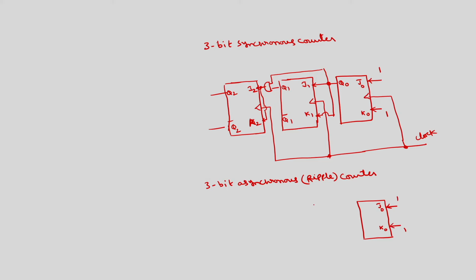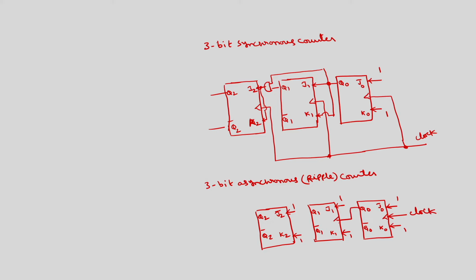J0 K0 is 1, J1 K1 is also 1, J2 K2 is also 1. If we take T, simply T0, T1, T2, the 3 inputs are 1s. The only difference is that here the external clock is applied.